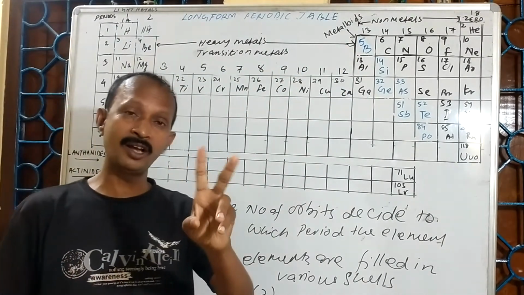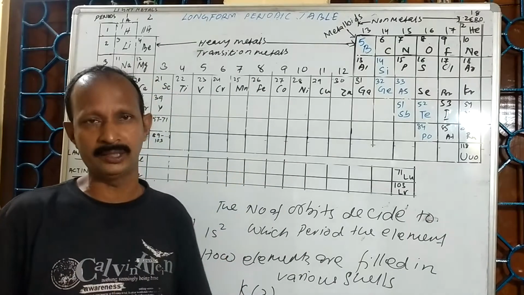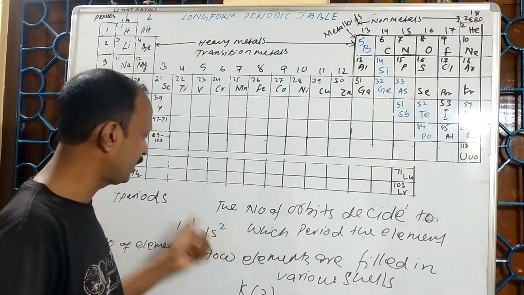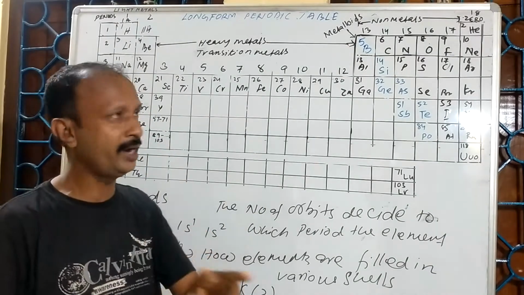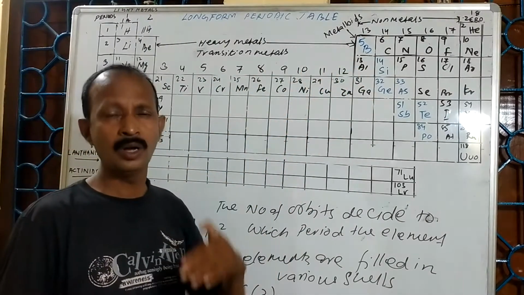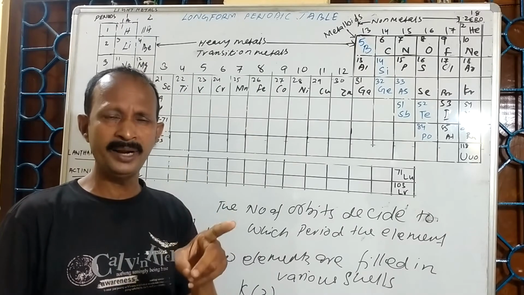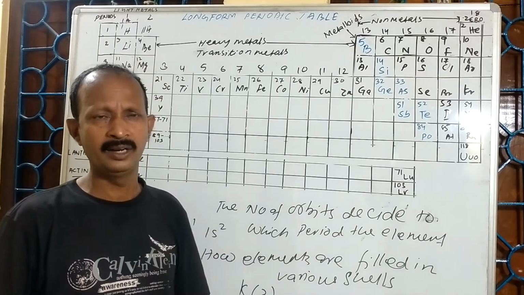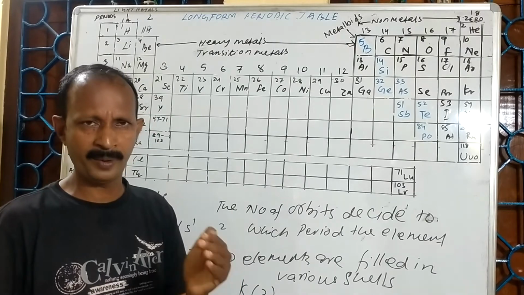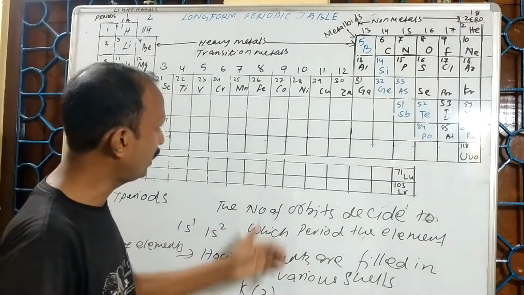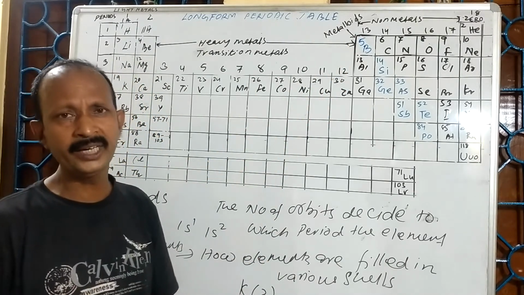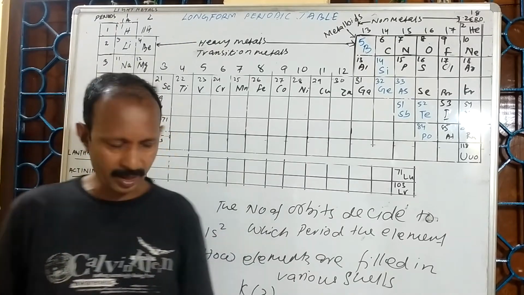Their electronic configuration can be written in 2 ways, one is 1s1, one is 1s2. There are two electrons, or you can say that the first period contains the elements having only one cell. The first cell capacity is 2. That's why 2 electrons can be accommodated in the first period.